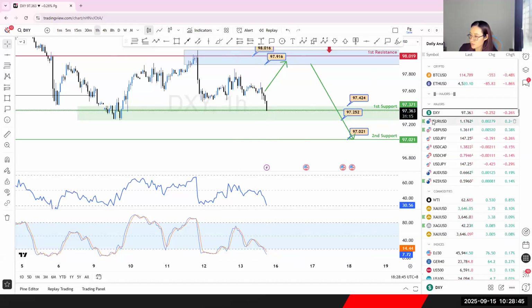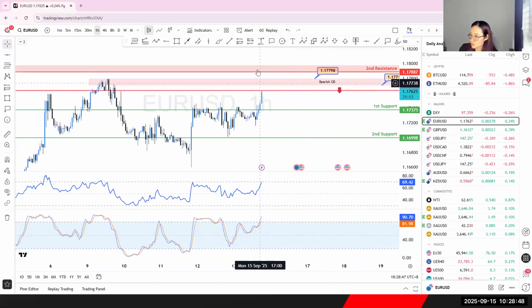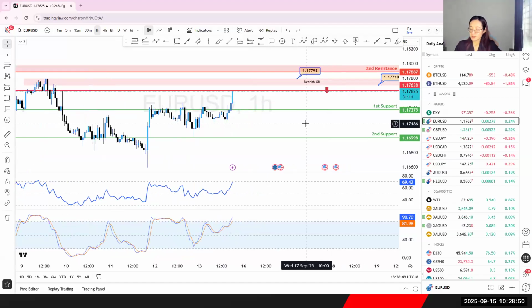Okay, this is EU approaching the resistance. So let's say, okay, I might want to sell. Let me look at the EURUSD together.